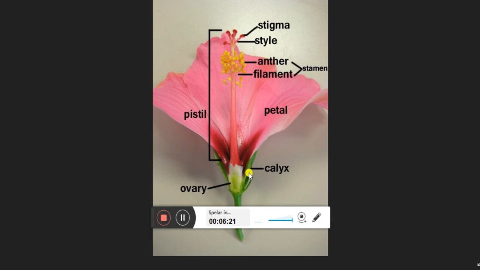The accessory ones are not that important, but the female and male reproductive parts are very important, so that's why they are known as the essential ones.